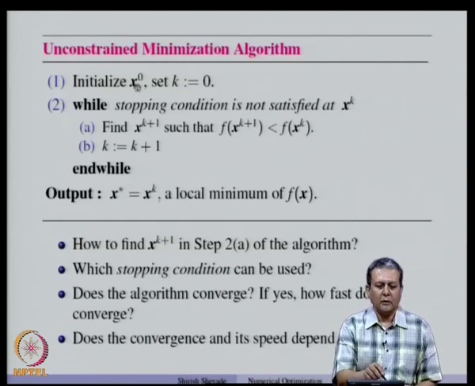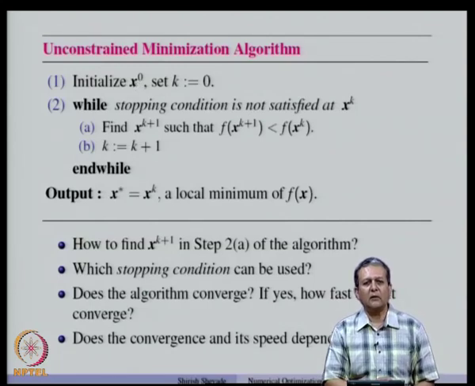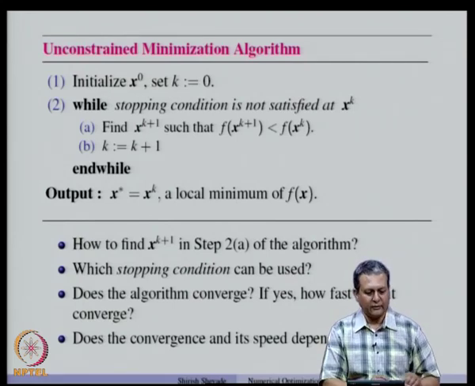One of the parameters that we used here is the initialization to some point x naught. Does the convergence and the speed of convergence depend on x naught, the initial point? We will answer some of these questions in today's class, and the remaining questions in the next few classes.